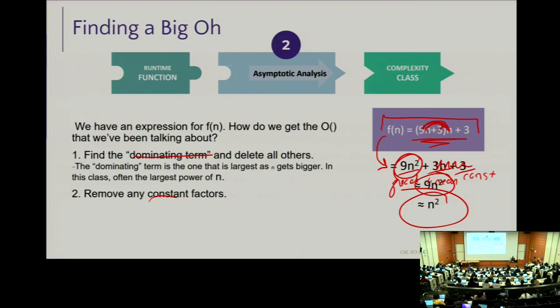And that's why we treat everything in terms of a complexity class, that everything in the quadratic space functionally behaves similar to one another, but very different from something in the linear class, very different from something in, say, the n factorial class. So, yes, we would say this f of n is in the big O of n squared. So, dominating term, drop the constants.